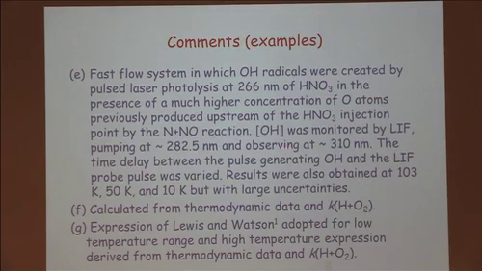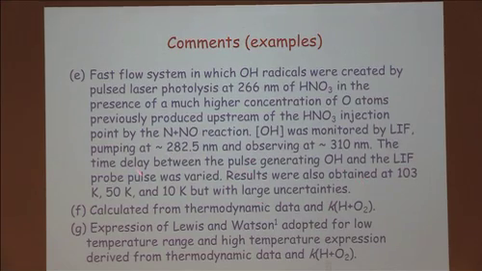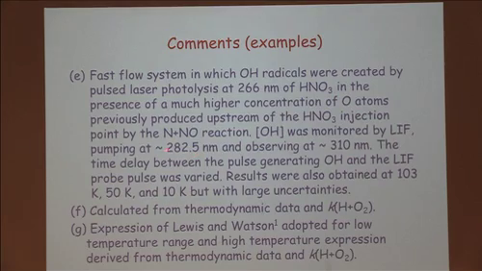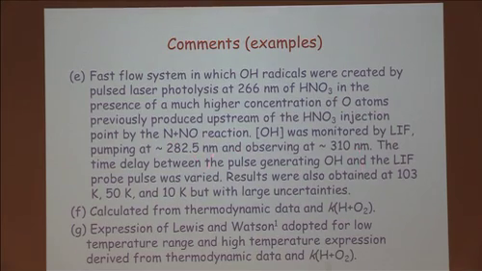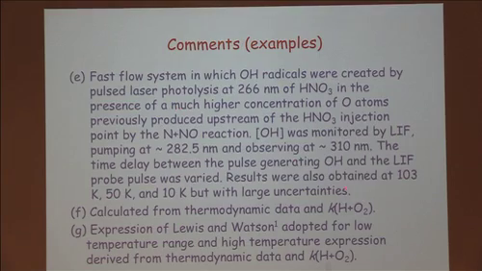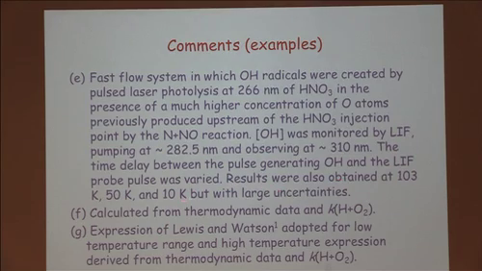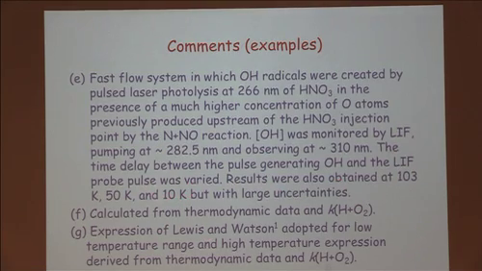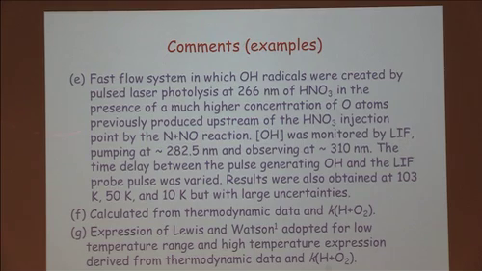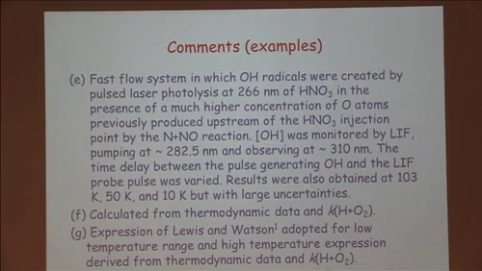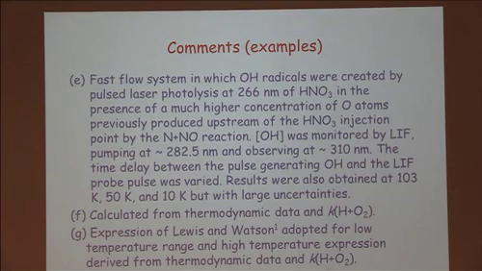The OH was monitored by laser-induced fluorescence, and from the decays you can get the rate coefficient knowing the concentration of O. And there were measurements made over a wide range of temperatures, even down as far as 10 K, but there were large uncertainties down here, and so those were ignored.